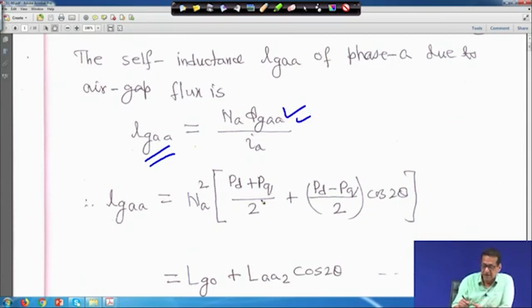In that case I_A will be cancelled and N_A will be multiplied, so it will be N_A square into [(P_d plus P_q) upon 2 plus (P_d minus P_q) upon 2 into cos 2 theta]. This we can write as L_g0 plus L_aa2 cos 2 theta. That means L_gAA is not a constant, it is a function of theta.